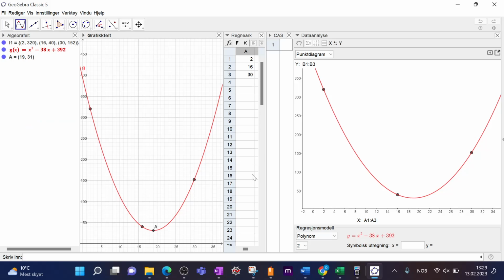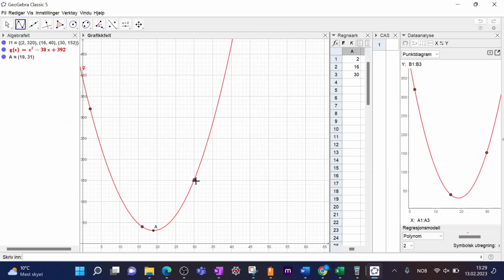And if we're going to find that in GeoGebra, instantaneous rate of change is the gradient of the tangent in that single point. So at a single moment in time.